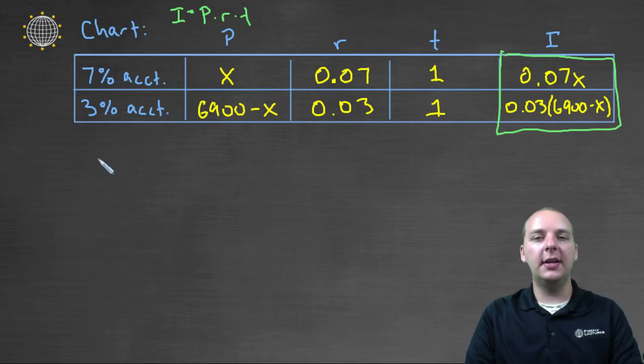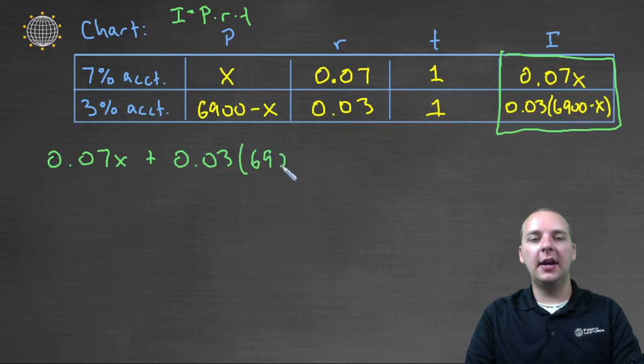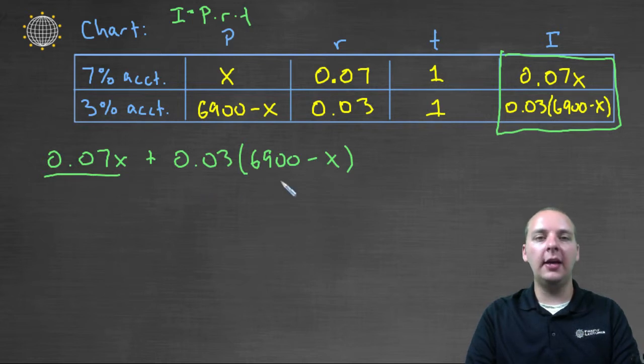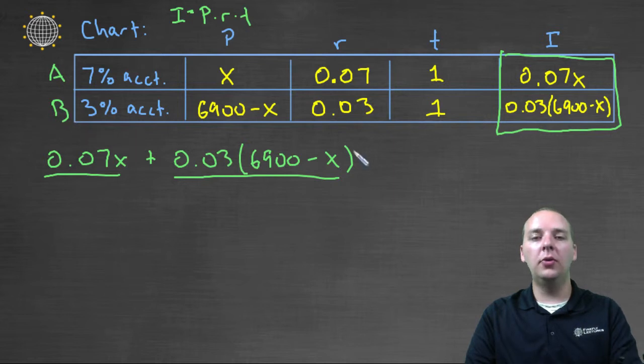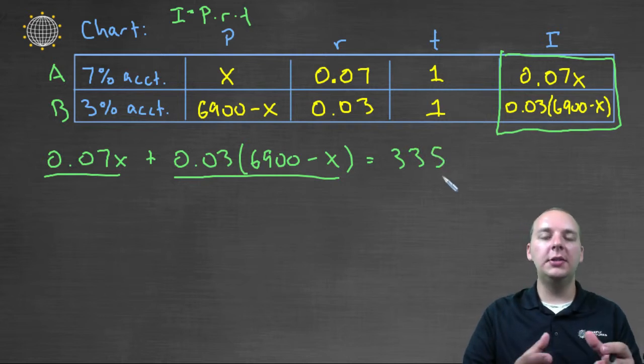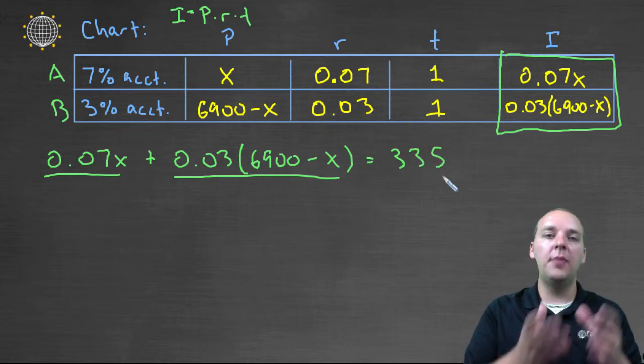So isn't it fair to say that 0.07x plus 0.03 times 6,900 minus x, this is the interest from account A, this is the interest from account B, if we're calling this A and B. Total, this would equal, I believe it was $335. Okay, and there we have it. We have an equation that represents the math problem.